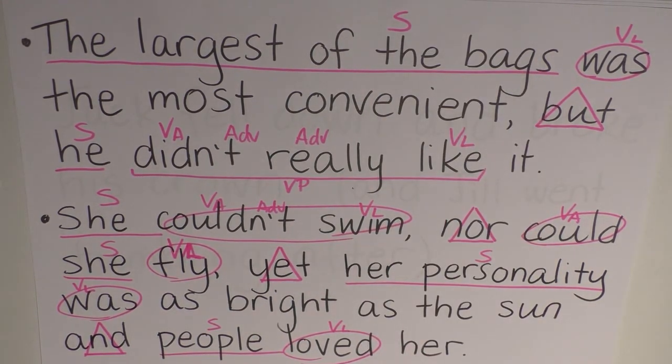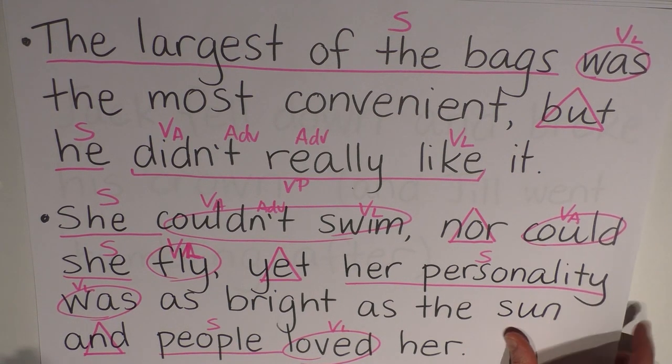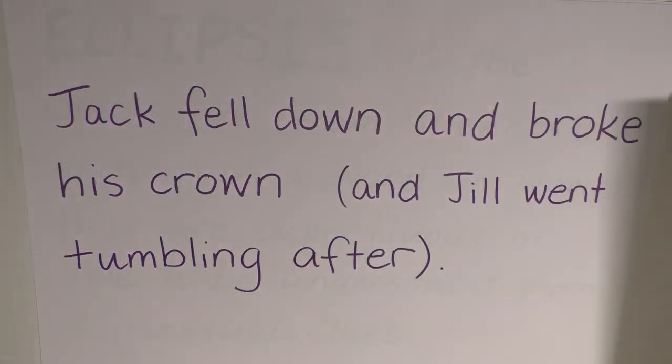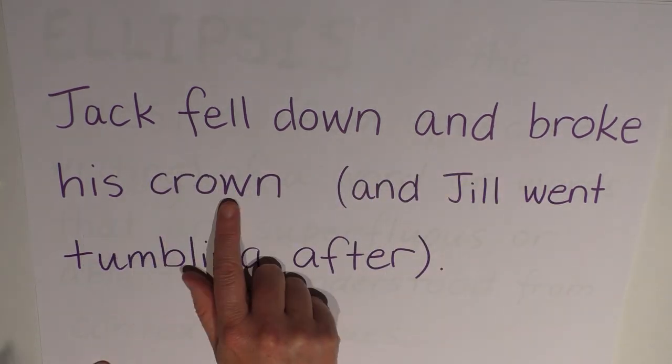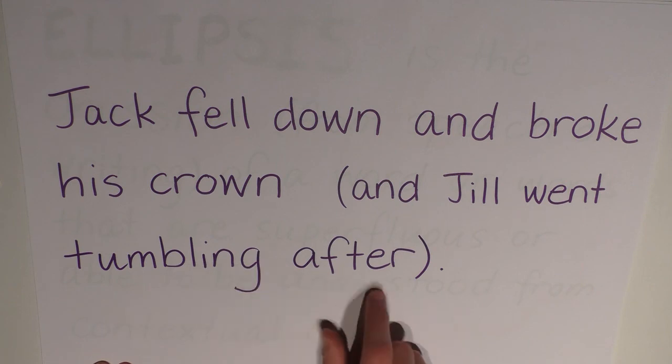All right, there is one more thing that I want to show you before we wrap up. This is a snippet from a very popular nursery rhyme, Jack and Jill. Jack and Jill went up the hill to fetch a pail of water. Jack fell down and broke his crown, and Jill went tumbling after.